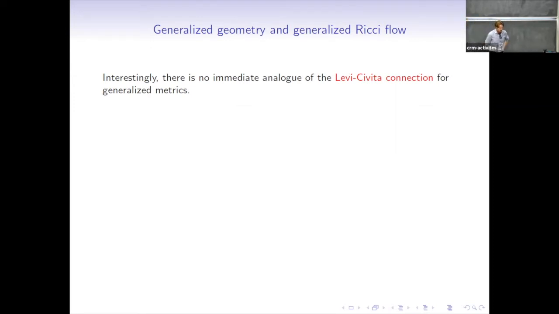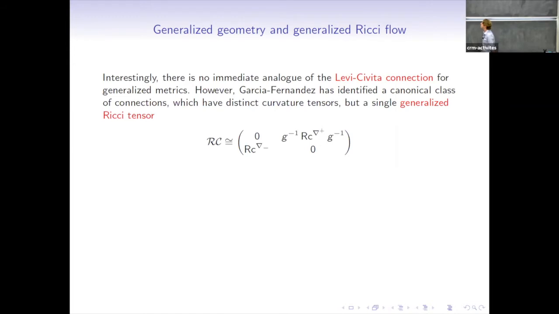You can impose natural connections involving torsion, but it does not quite pin down one connection, but there's reasons for that. There is an identified class of connections which have natural properties. They have distinct curvature tensors, but they have a single Ricci tensor. So the natural Ricci tensor is the same for all of them.